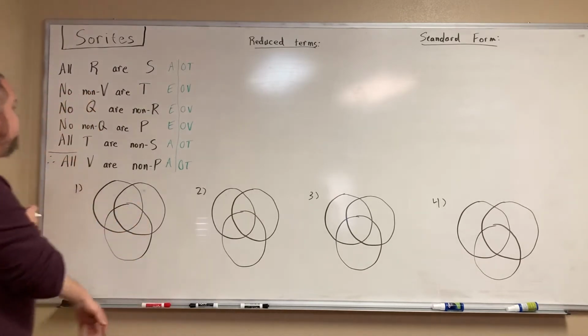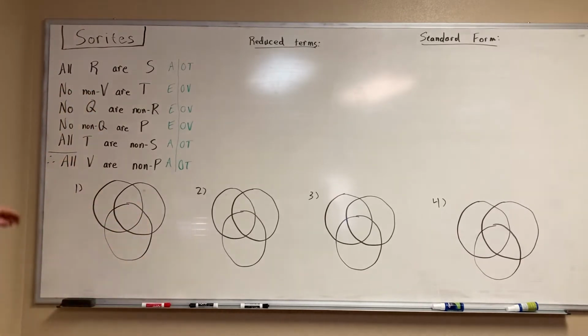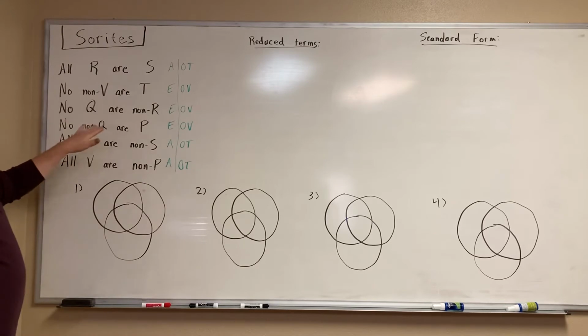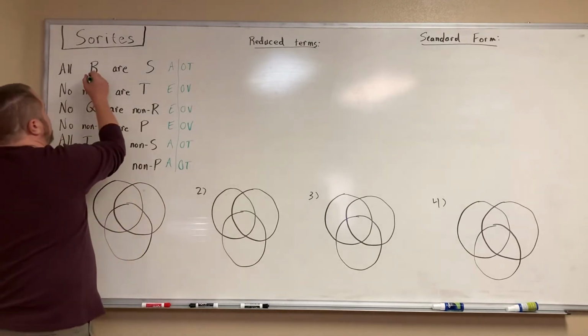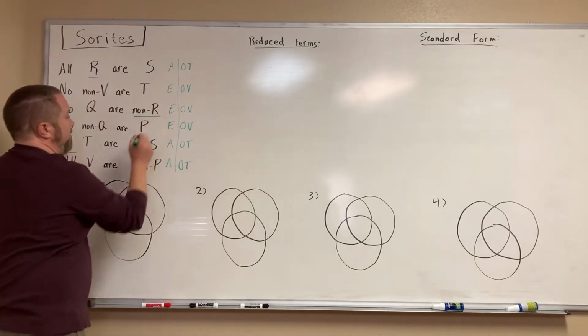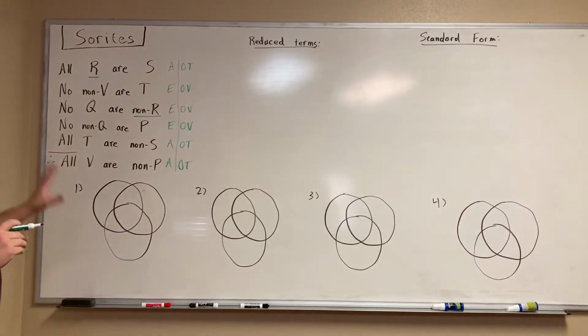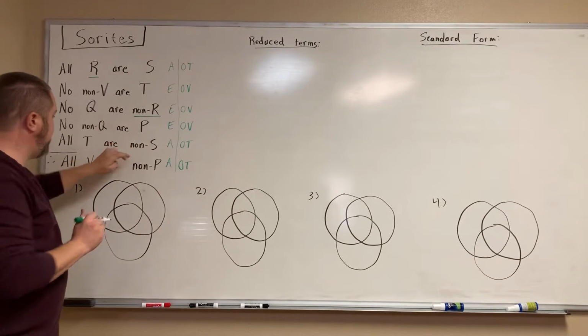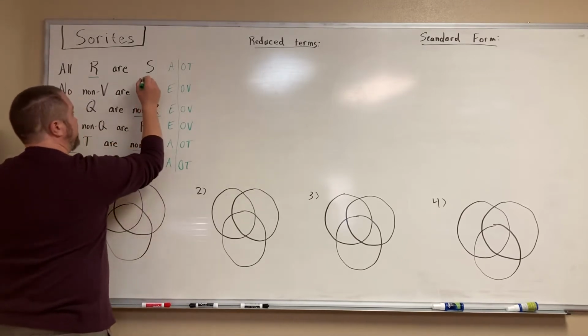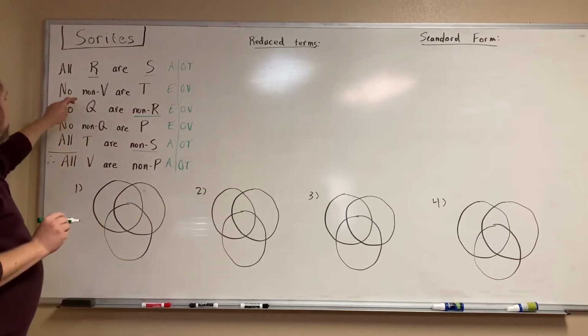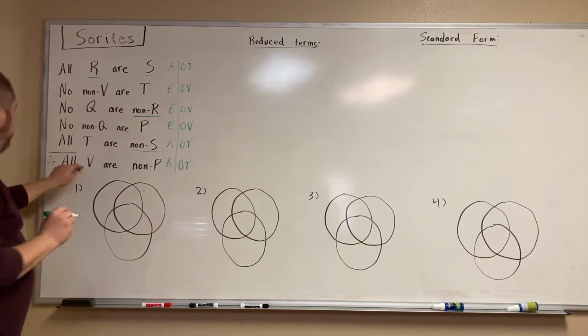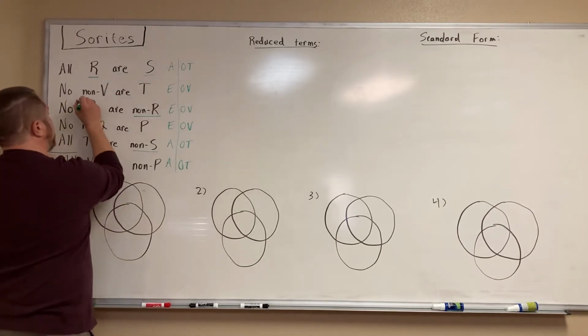That way I can remember, okay, what are the 2 things that I can do with this statement to reduce the terms? And the next thing I do is go through the terms, identify which ones we have to reduce. So I'm going to underline R and non-R. So I remember I have to reduce that term. S, non-S, I have to reduce those. Non-V and V, I have to reduce those.